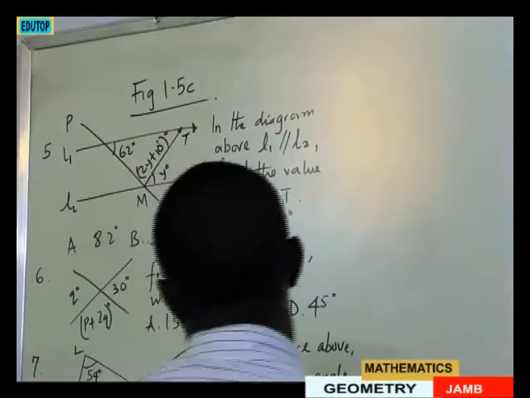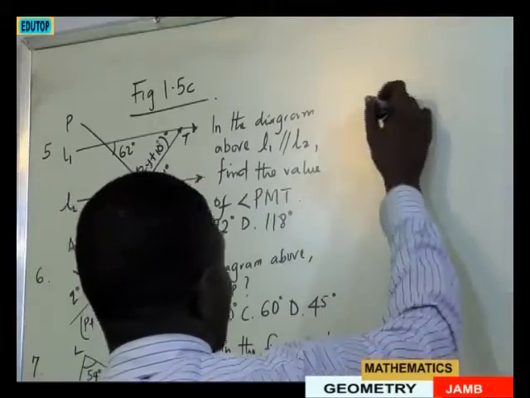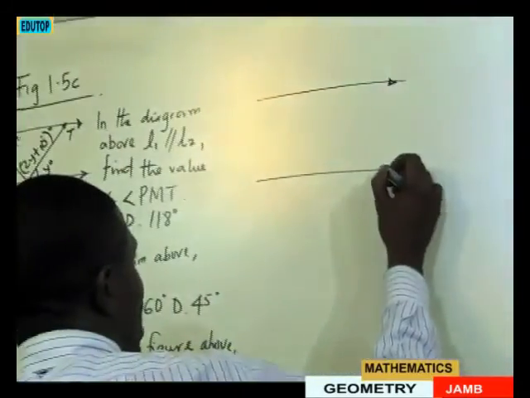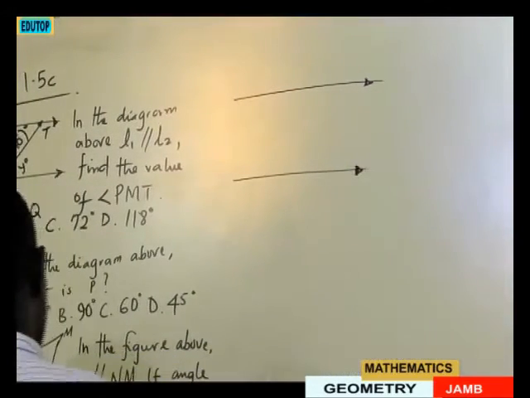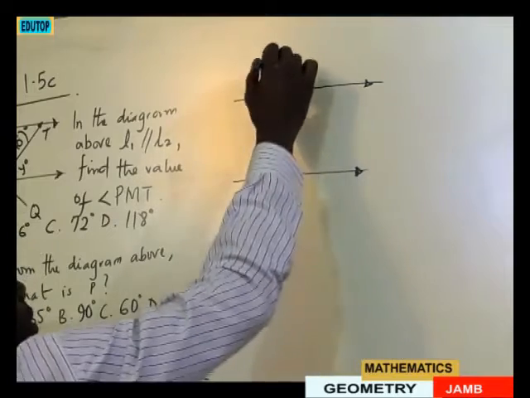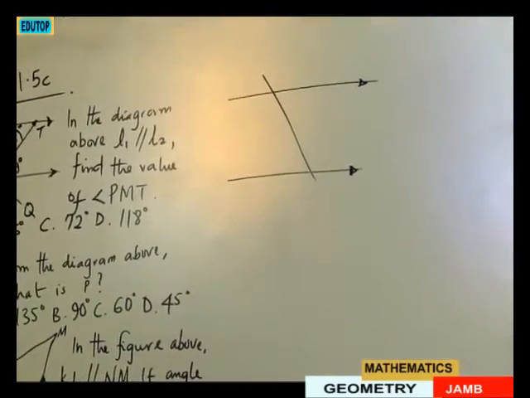Now, in this situation, we know that when we have two parallel lines, we are going to check out for 3 sets of angles. That is vertically opposite angles, corresponding angles, and alternate angles.